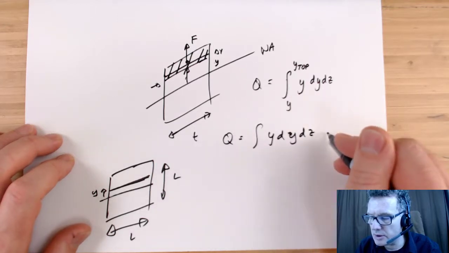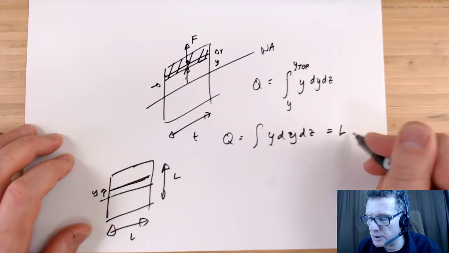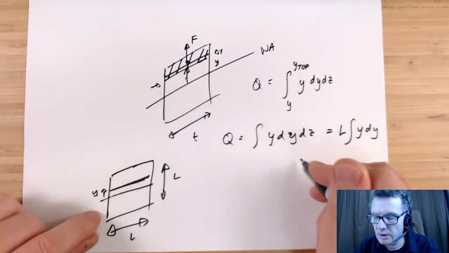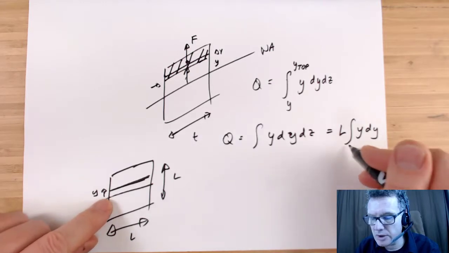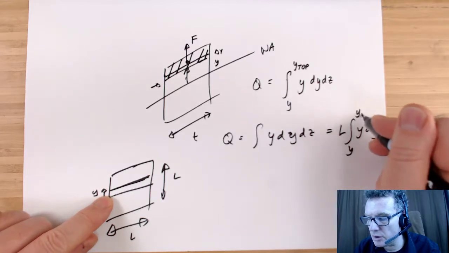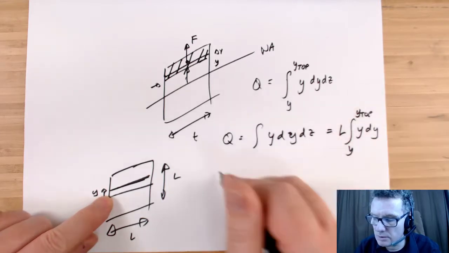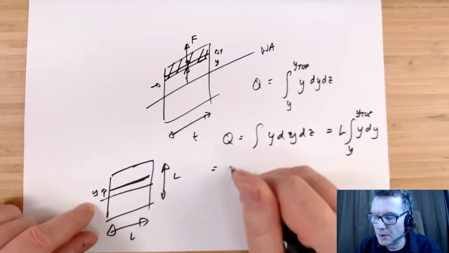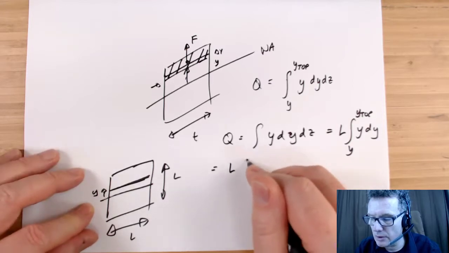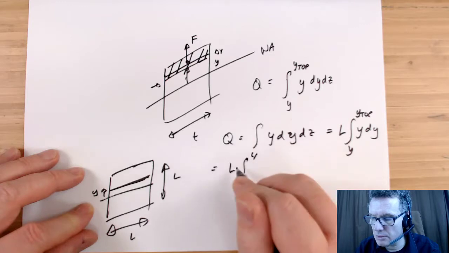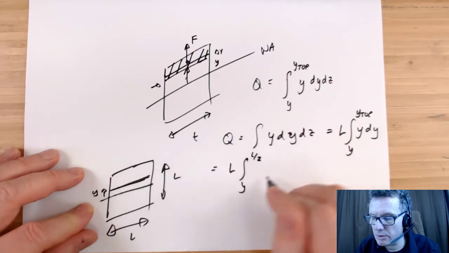Z stays constant and then it becomes an L, so we're just integrating y by delta y. The start location is the lower location, y, and we integrate it all the way to the top, y top. I'll do this for an arbitrary location y. So y top is going to be L divided by 2.